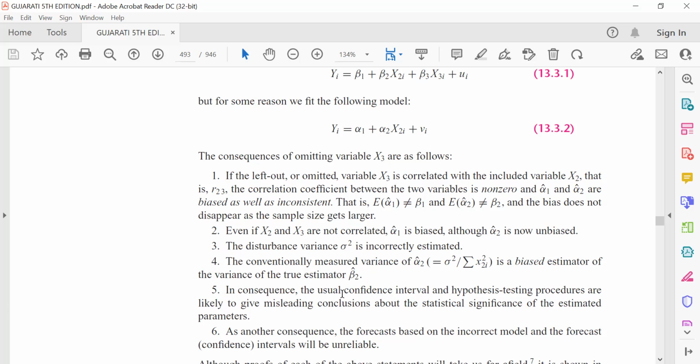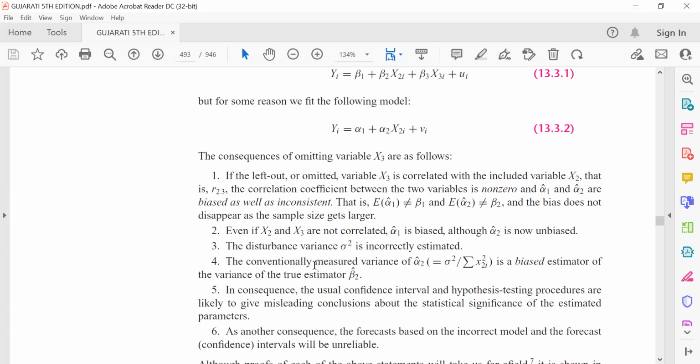For example, okay, suppose we drop a very important variable in a demand model, income, for example, but we get the price coefficient of a normal good as negative.